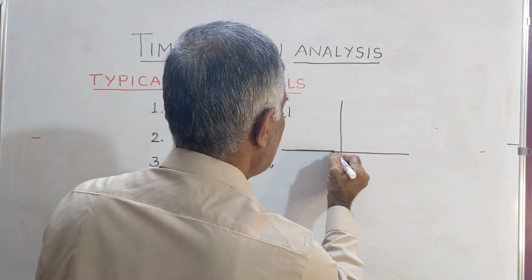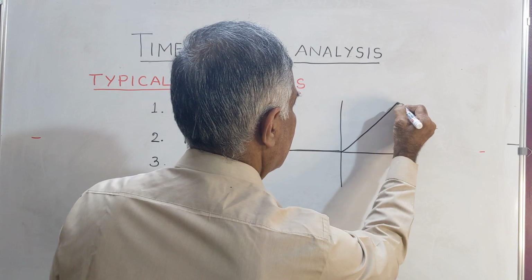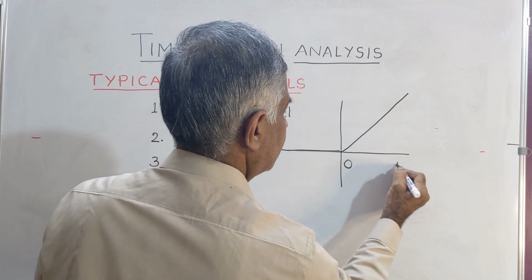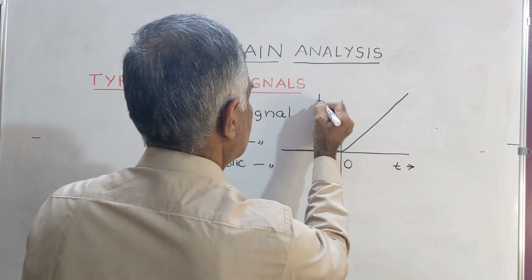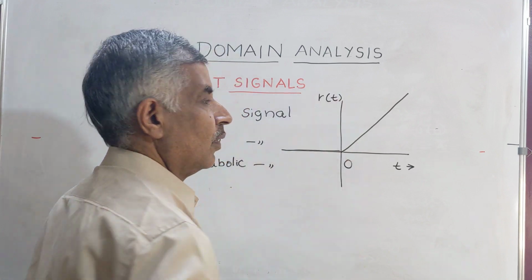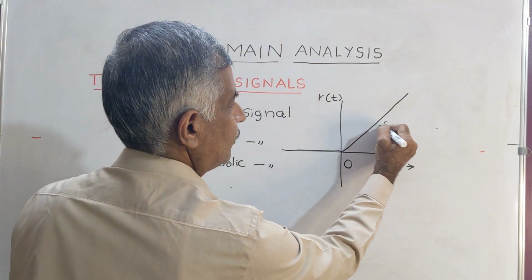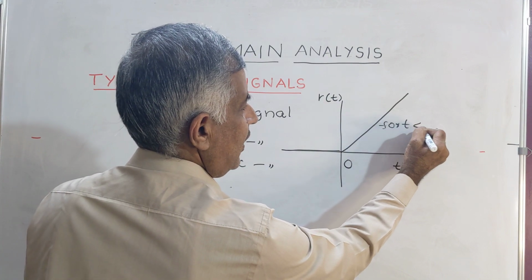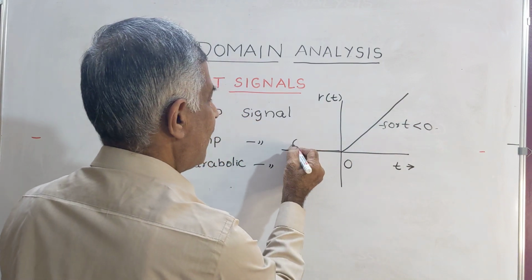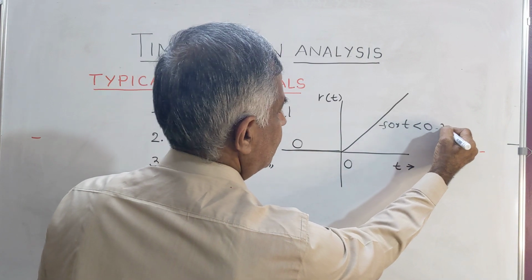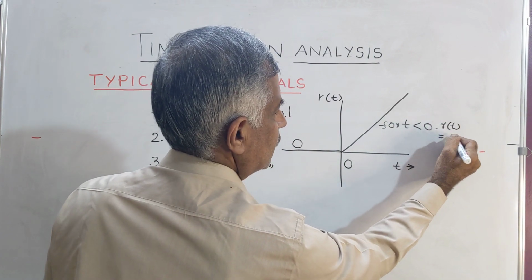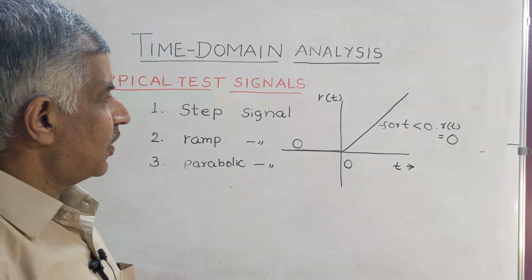A ramp signal is sketched like this: for t less than 0, its value is 0.